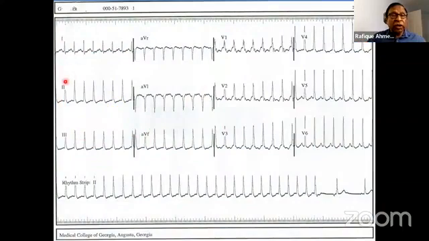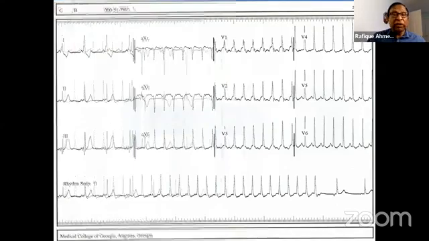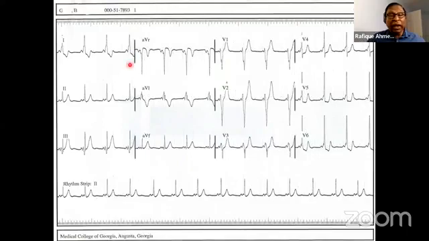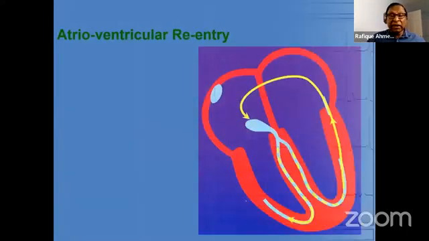So this is another patient with narrow QRS tachycardia. I can see a P wave here, and my feeling was this is atrioventricular reentry. Clearly, this patient had WPW syndrome, and it was atrioventricular reentrant tachycardia. The way it happens is the electricity goes down through the AV node and His bundle, and then comes back through the accessory pathway and goes around.